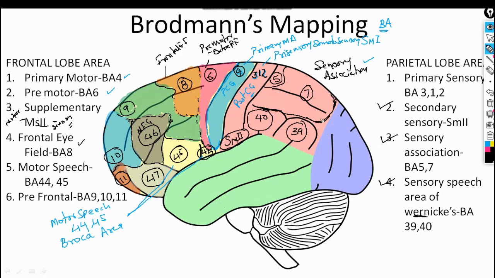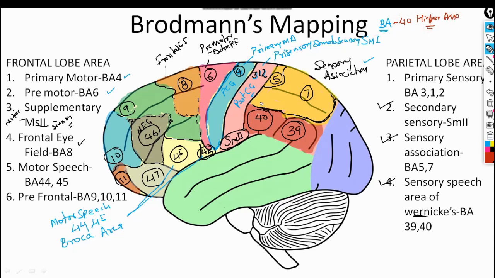Now I am going to highlight all these areas in this parietal lobe, then you can clearly make out the difference between each area. This Brodmann's area number 40 is also known as the higher association area.